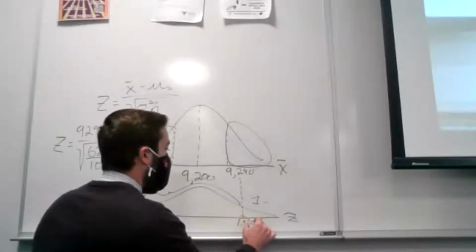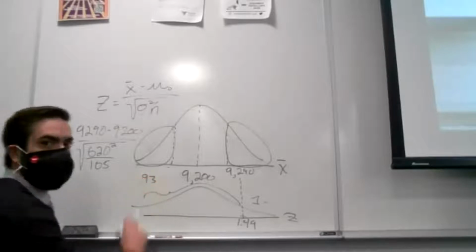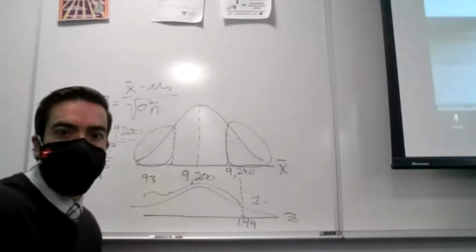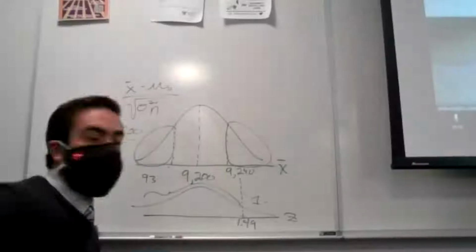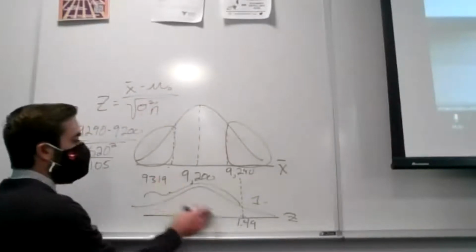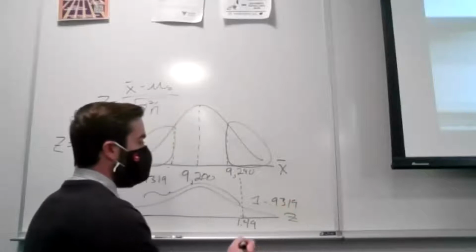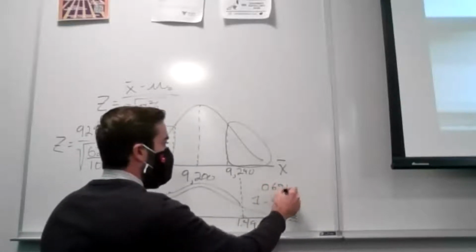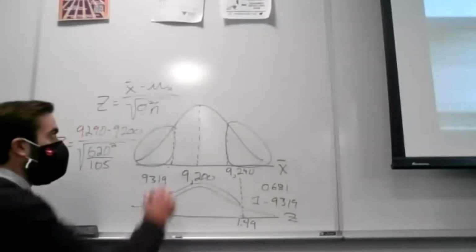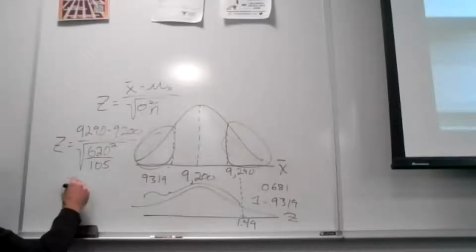So 1.49 was our z statistic, or our test statistic, and 0.9319 was the area to the left of that. We wanted the area to the right, so this is 0.0681. We then have to remember it's a two-tailed test, so I need to multiply that by 2.